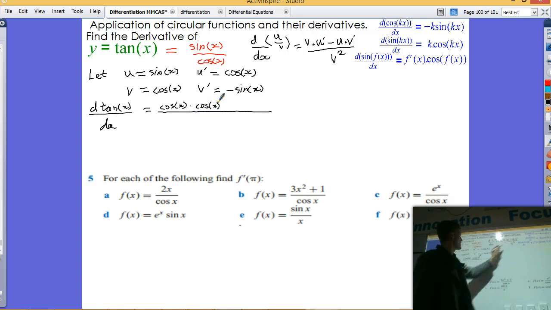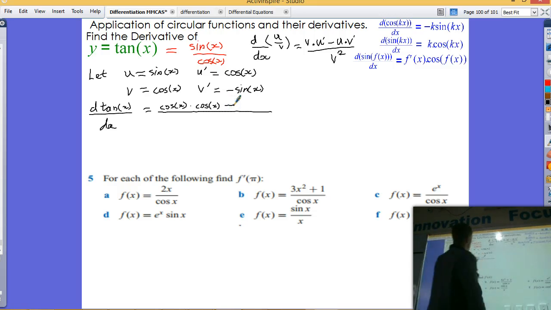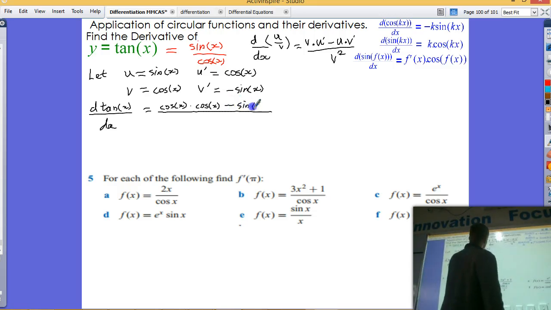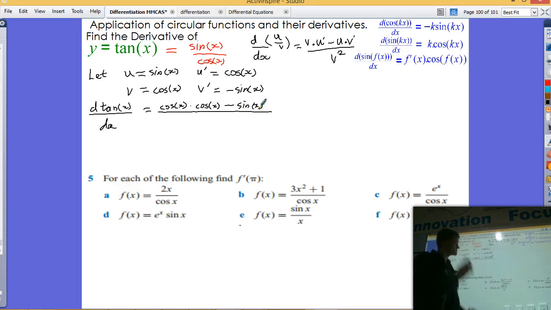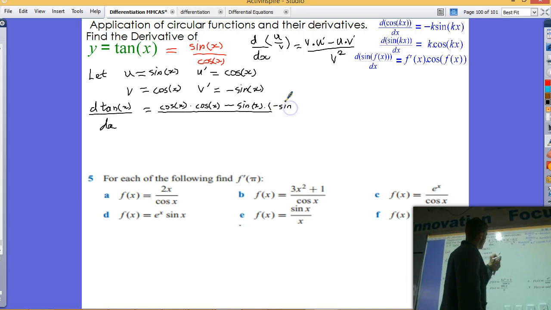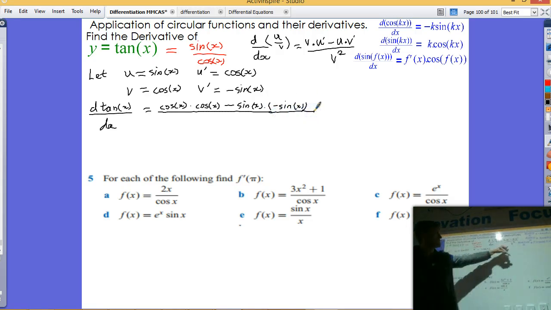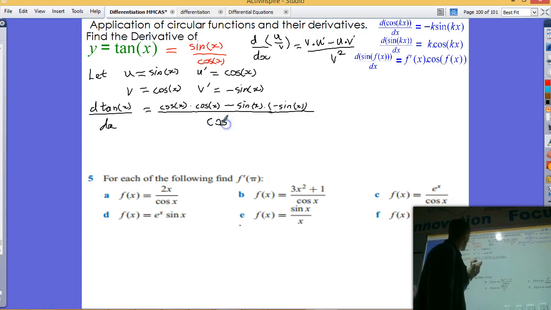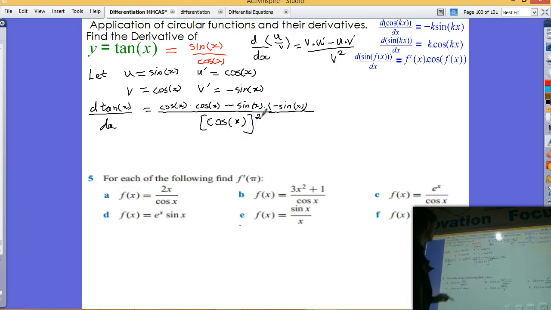And then I subtract u times v dash, sine of x times v dash, which is minus sine of x, all over v squared. Now my v squared is cos all squared. Okay. Now, what does that give us?